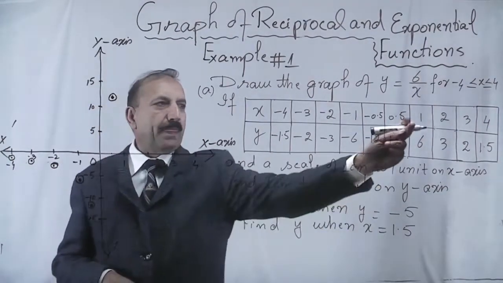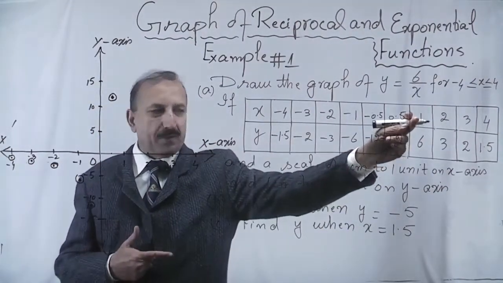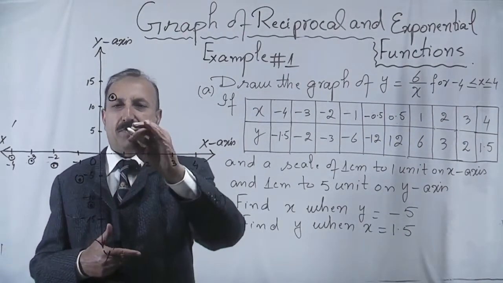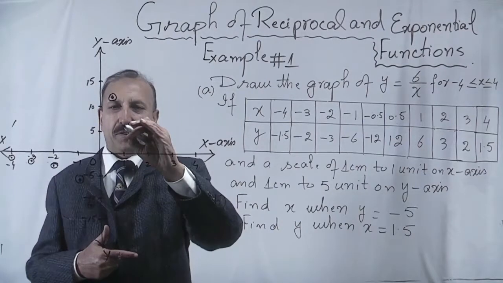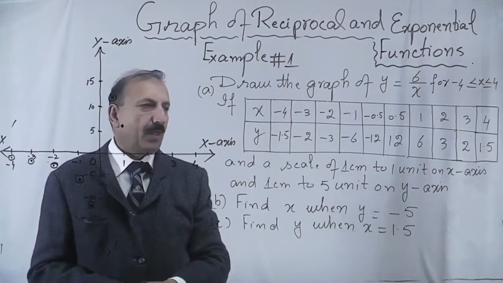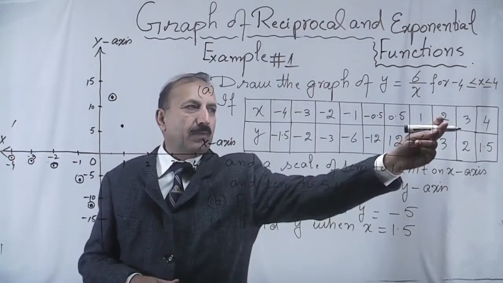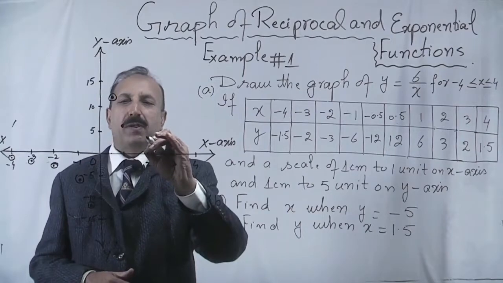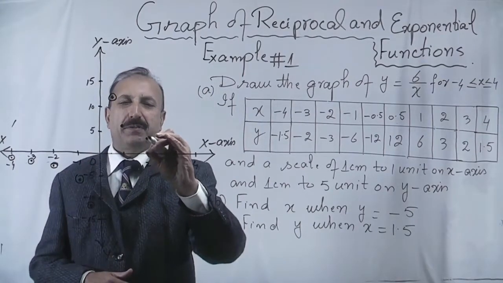And then when x is equal to 1, y is 6, approximately here. When x is equal to 2, y is 3, approximately here.